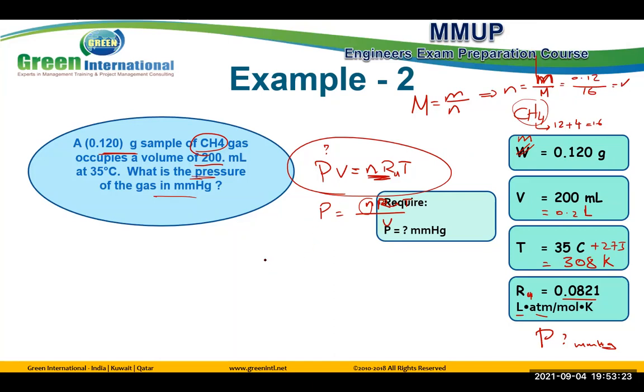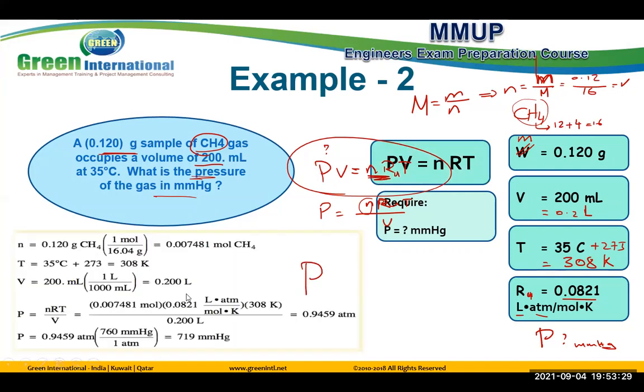This is one way. Do you have another way? Yes, we have another. Actually, the equation he used for this problem is this one, but I have another way to solve it. I use directly PV equals mRT, so P equals mRT over V. But be careful, R here is not the general R, it is R for a specific gas.